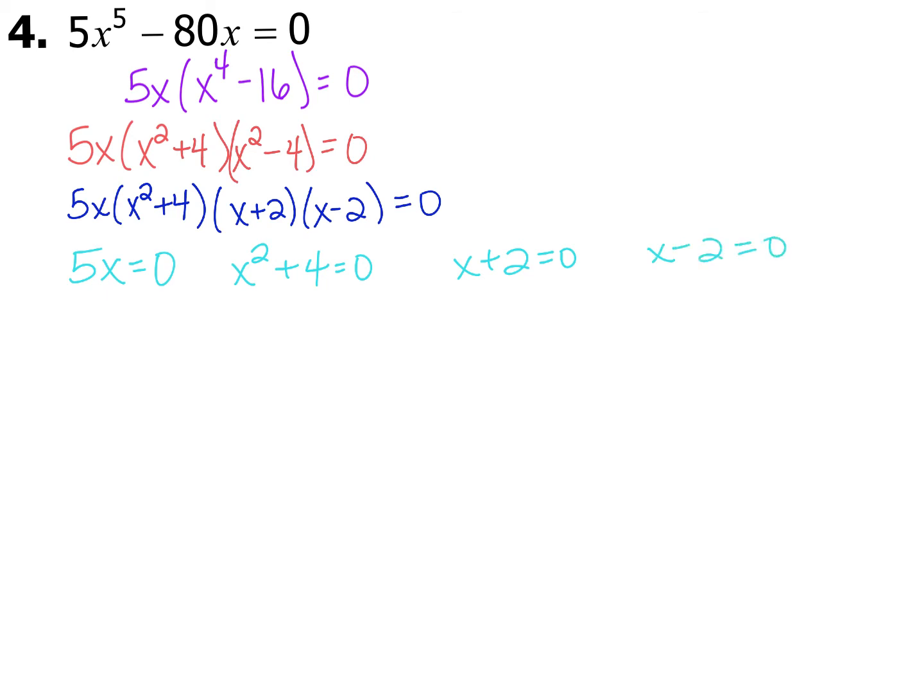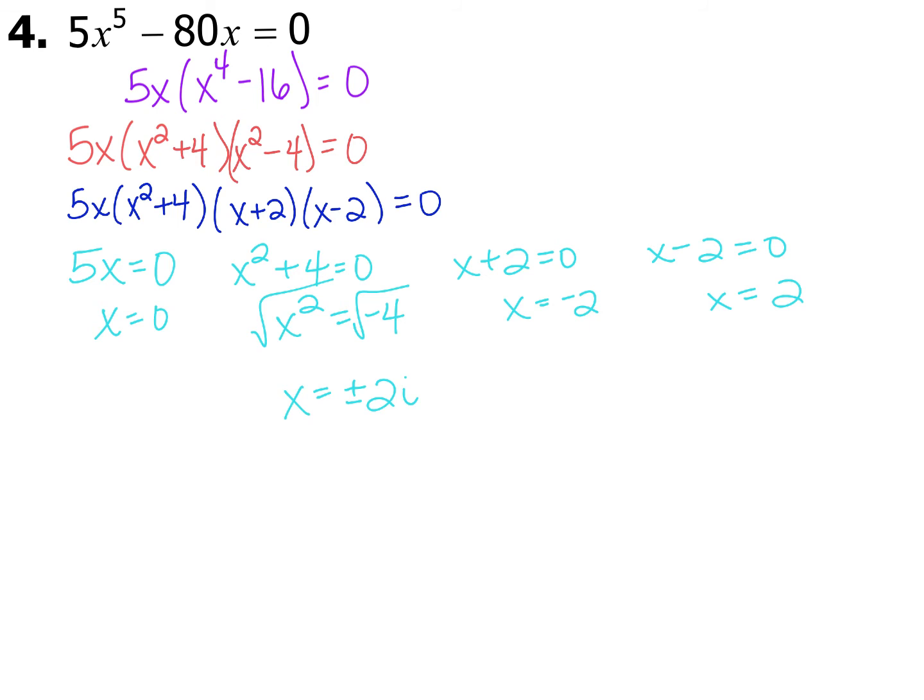So I know for x plus 2 and x minus 2, it equals the opposite sign. Those are easy solutions for us to have. For the x squared plus 4, I get x squared equals negative 4. Then I take the square root of both sides. x is equal to plus or minus 2i. And then for 5x is equal to 0, x is just equal to 0.